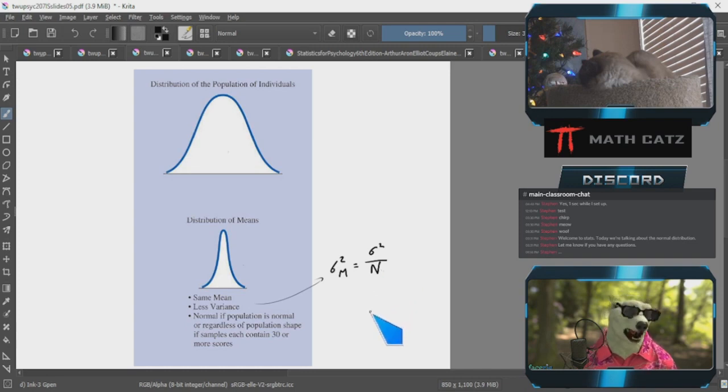The interesting thing, and this is a fundamental theorem in statistics, is that regardless of the distribution of the population of individuals, which could be normal, but not necessarily, if my sample is large enough, 30 or more, then the distribution of means is approximately normal.